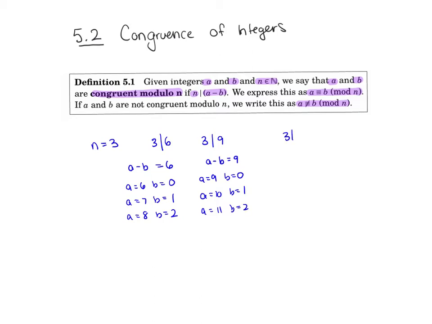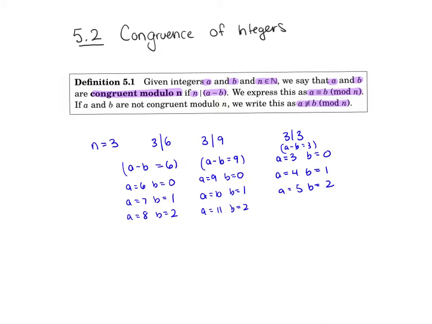I also know 3 divides 3, so I could have a be 3 and b be 0, a be 4 and b be 1, a be 5 and b be 2. Okay, so this is the ones where a minus b is equal to 3.